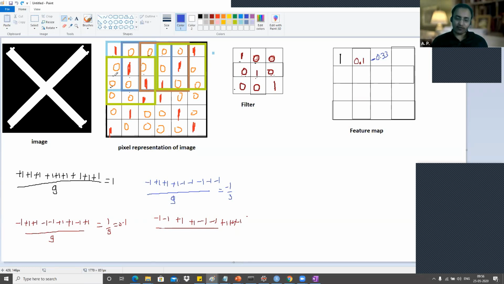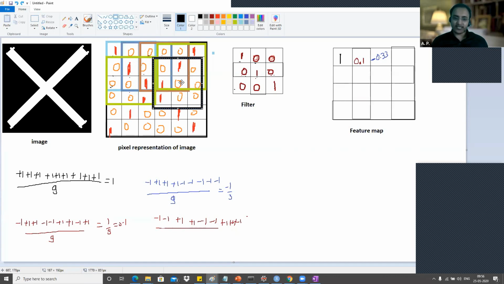You can see that here, everyone. What we do is we try to map, right? First I may want to map this portion, and second I may want to map this portion. So the filter scrolls on the whole image and maps each portion of the image, this portion, this portion, this portion, and then comes down, this portion, this portion, like that.